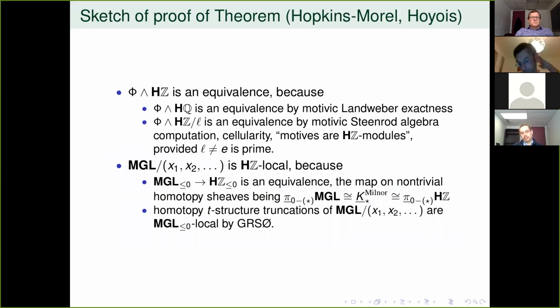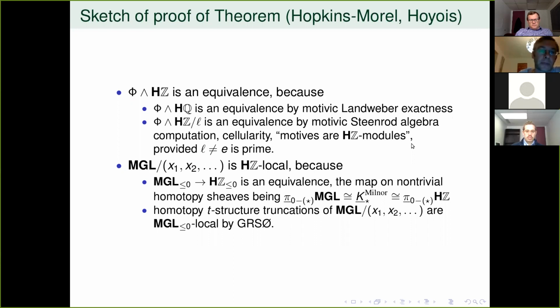And let me very briefly give you some arguments of the proof. The proof proceeds by proving that not the map itself, but once you smash it with the motivic homology spectrum, then it's an equivalence. This fact splits into two parts: a rational part, which can be taken care of using motivic Landweber exactness, which is due to Naumann, Spitzweck, and Østvær.